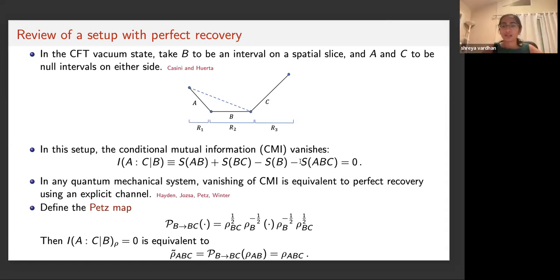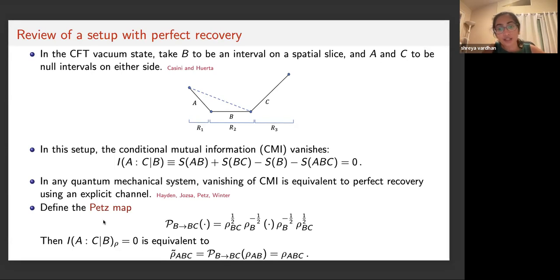Yes. So exactly. This vanishing of the conditional mutual information is equivalent to two things. The first thing, which was shown in a paper by these authors in 2005, is that this recovery task that I mentioned is possible with perfect recovery.